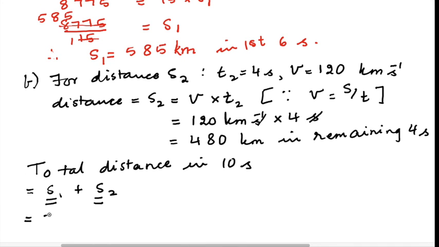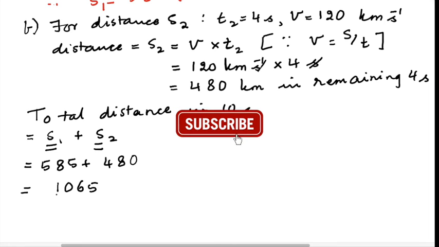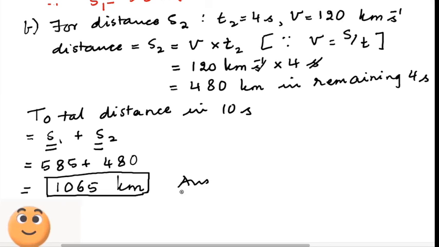So S1 is 585 plus S2 is 480, and if we add them together, you have 1065, and we have got this distance in kilometers. And that is our answer 2.